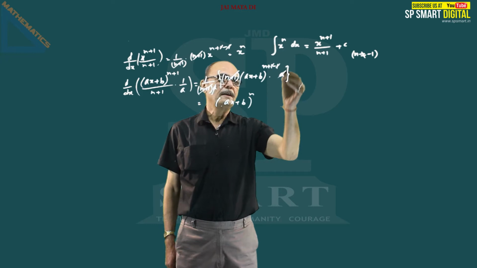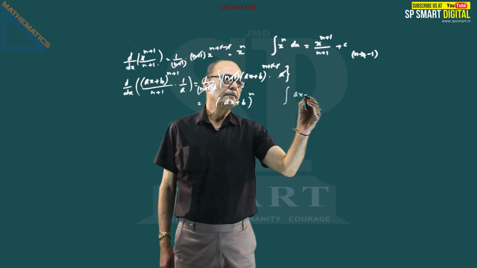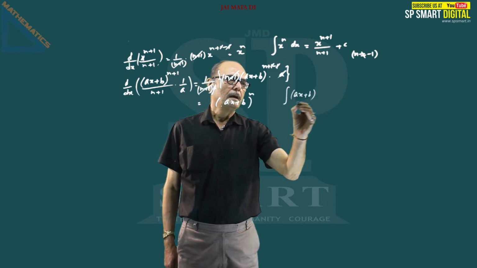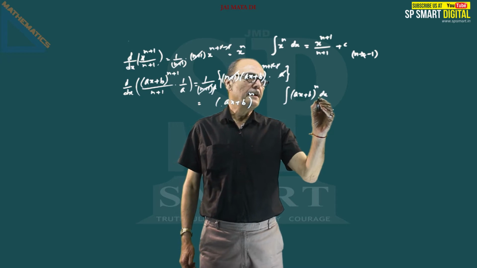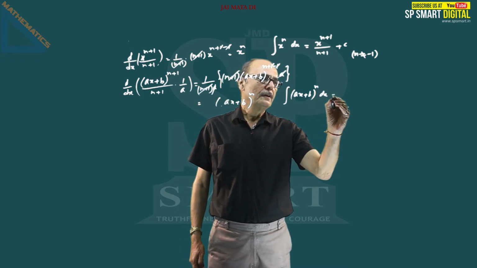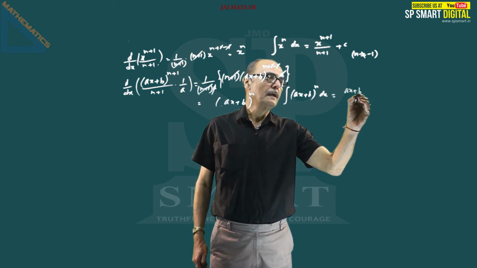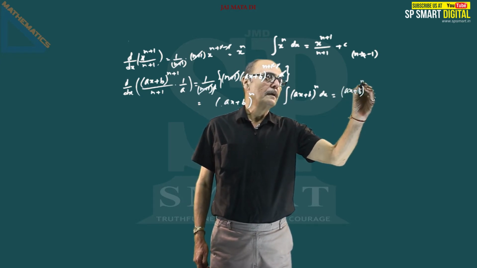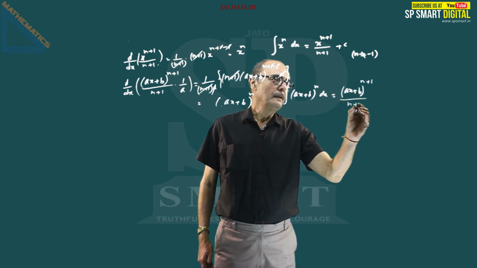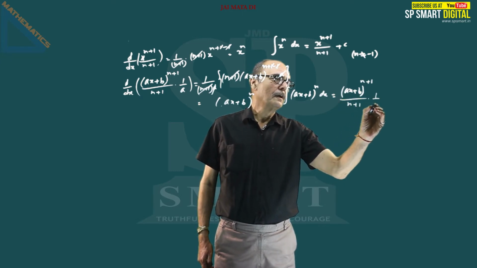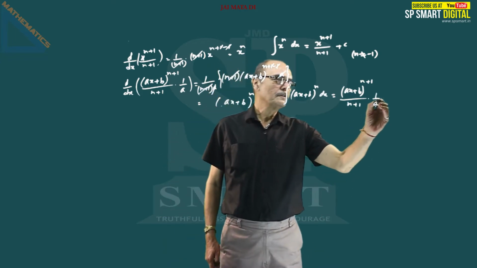Proceeding in the same way here, so integral of ax plus b raised to power n d of x is equal to ax plus b raised to power n plus 1 divided by n plus 1, divided by coefficient of x as a, plus constant c.